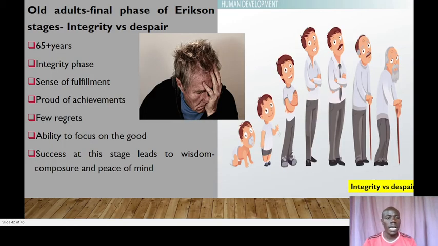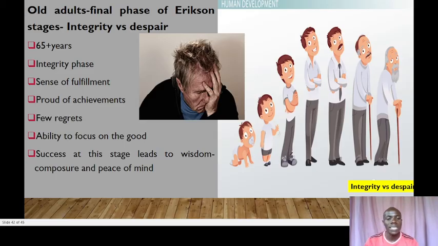So, guys, the last stage is about old adults, the final stage of Erikson, and this is integrity versus despair. Okay, so this is 65 years and above. In this integrity phase, there is some sense of fulfillment. They are proud of their achievements. They could have a few regrets, but they're able to focus on the good.